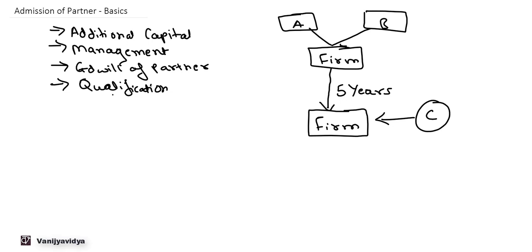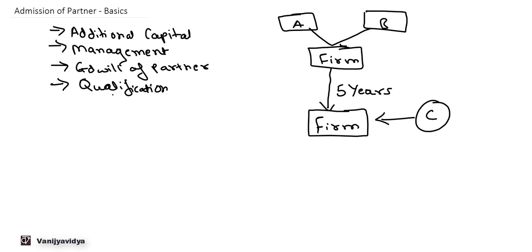Before admitting C, A and B have done the business for a period of 5 years.